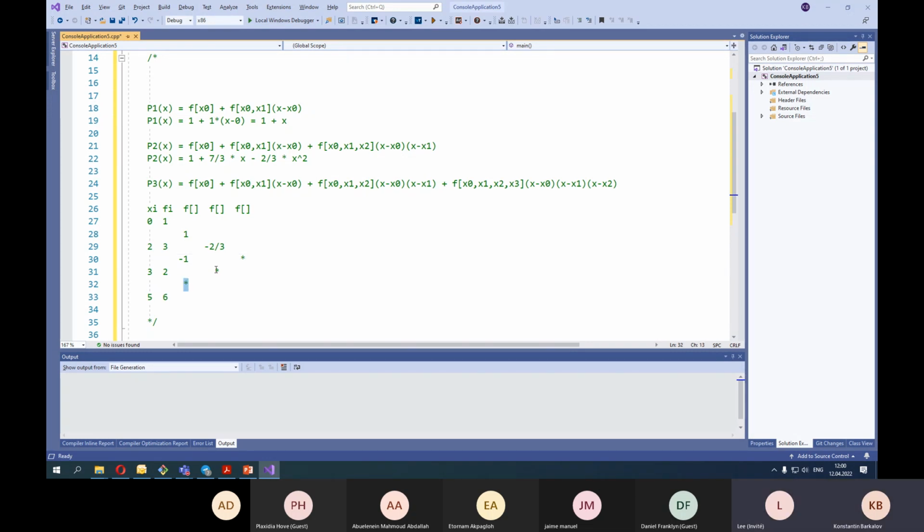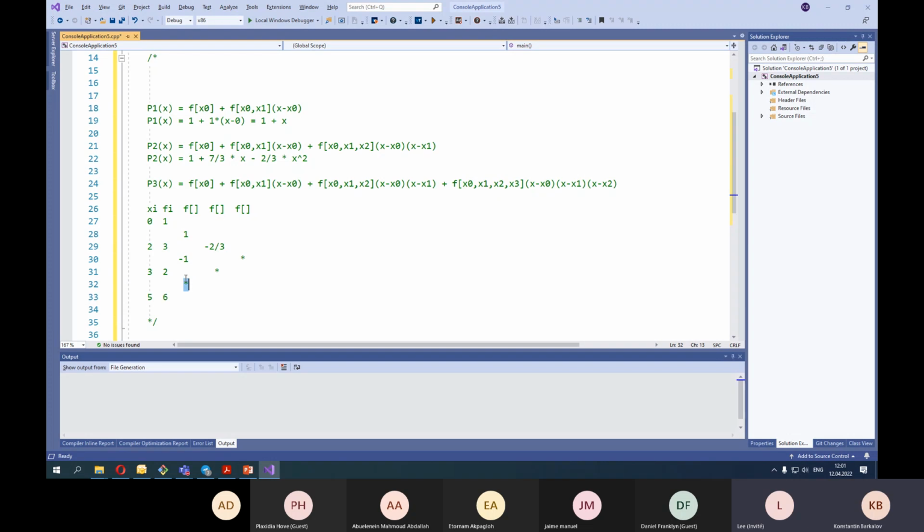We should compute 3 more divided differences: first, second, and third divided difference. After that, we are able to write a polynomial of degree 3. Let's do it.